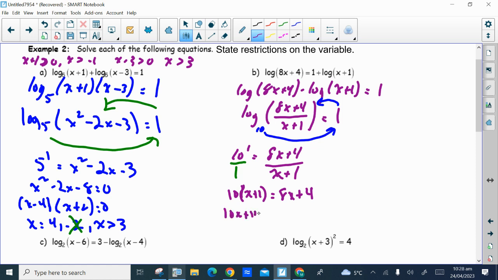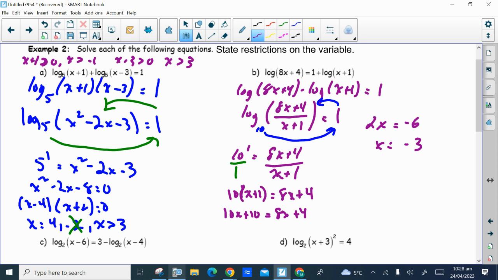So in this case, we don't have a quadratic to solve, so we're not going to have to factor. But we can subtract the 8x from both sides, which will give us 2x on the left. We can subtract the 10 from both sides on the right. 4 take away 10 is negative 6, so x will equal negative 3. Now, just because you have a negative answer doesn't mean it won't work.